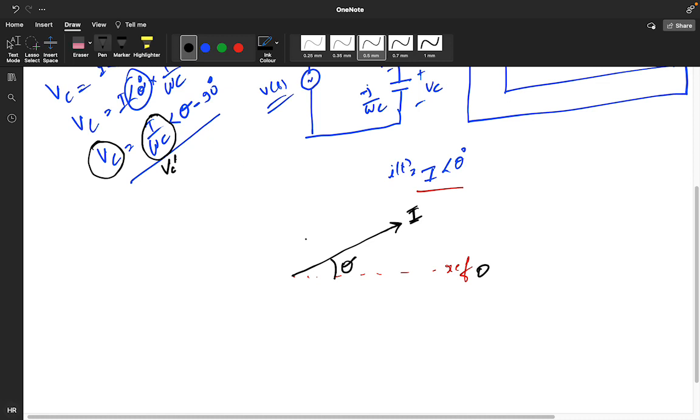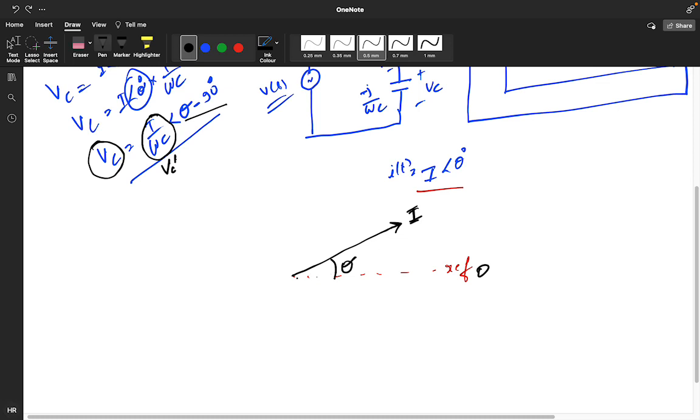Suppose this theta, and some 90 degree is there. If you take like this, it is theta minus 90 degree.